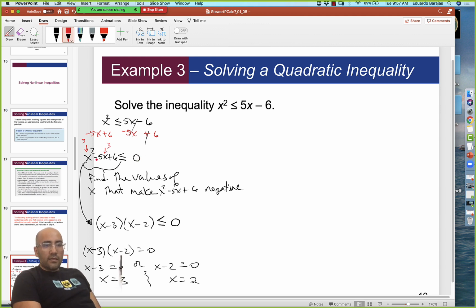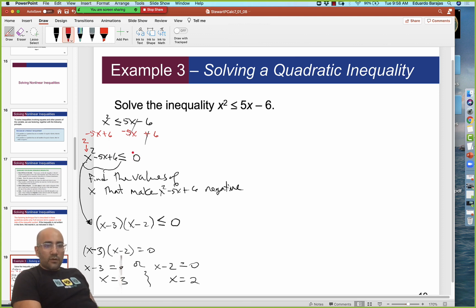Right? 9 minus 15 plus 6 equals 0. That's true. And at the same time, if we replace it by a 2, 2 squared minus 5 times 2 plus 6, that's going to be 4 minus 10 plus 6. That's also going to give you a 0.